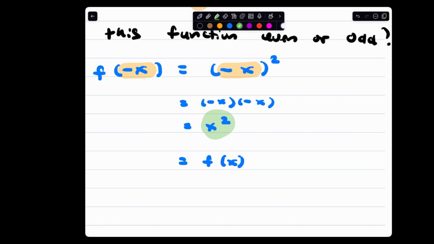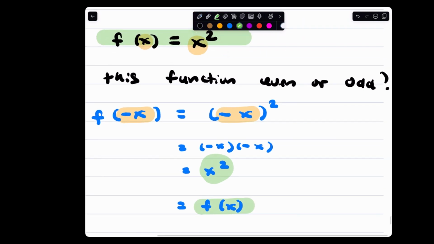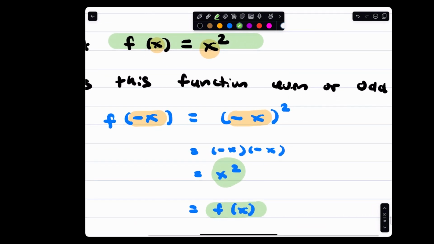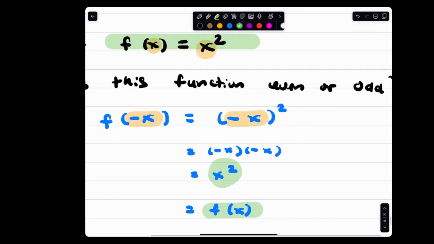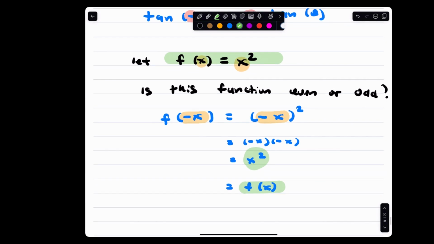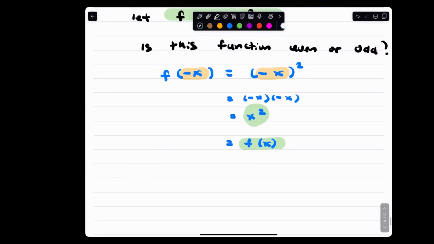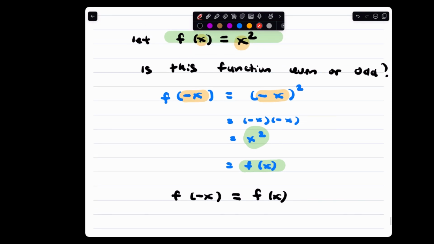So let's see if you guys can see my point here, at least in terms of the highlight colors. What you have shown is that f of minus x is the same as f of x. Is that right? What does that mean about your original function? It's an even function.